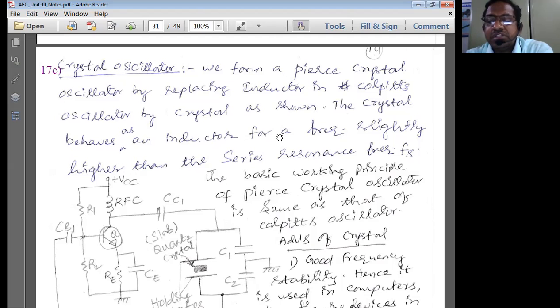Why is efficiency required in power amplifiers? Because in power amplifiers, we convert DC power into AC power. To know how much input DC power has been converted into AC power, we use the efficiency. The higher the efficiency, the better the working of the circuit, that means the better the utilization of the input power.